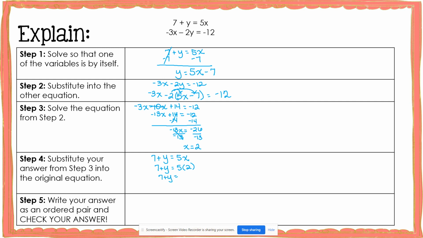Well, 5 times 2 is 10. And all I need to do to get y by itself is subtract 7 from both sides of our equation. Well, these will cancel, and I have y equals 10 minus 7, which is 3. So now there's nothing else to solve, and I know that x is 2 and y is 3. But you, again, need to make sure that you go back and check your answer.